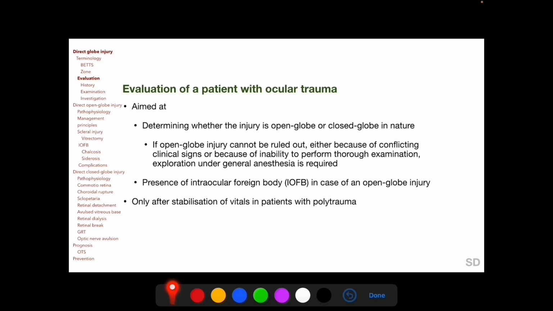In this situation, exploration under general anesthesia is required to confirm or rule out an open globe injury. And it is very important to remember that stabilization of vitals in patients with polytrauma takes precedence over evaluation for possible ocular trauma, and these are very important points to remember.